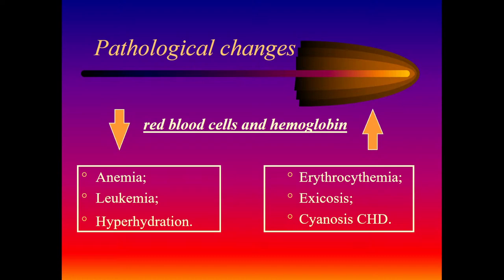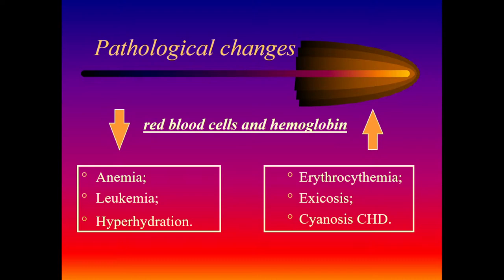Pathological changes of red blood cells and hemoglobin. If the number of these parameters decreases, it is named anemia; leukemia and hyperhydration can be reasons for this decrease of normal parameters.